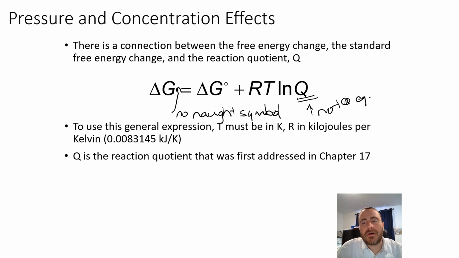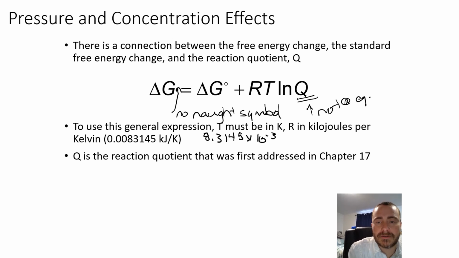All right, R has to be in kilojoules per Kelvin, and so that is 0.0083145 kilojoules per Kelvin, and that is also 8.3145 times 10 to the minus third kilojoules per Kelvin. Either way you want to write that, just make sure that it's in those units, because our delta G naught is going to be in kilojoules, and so we want to make sure that our R is also in kilojoules. Our temperature is in Kelvin, so our R needs to be in Kelvin.